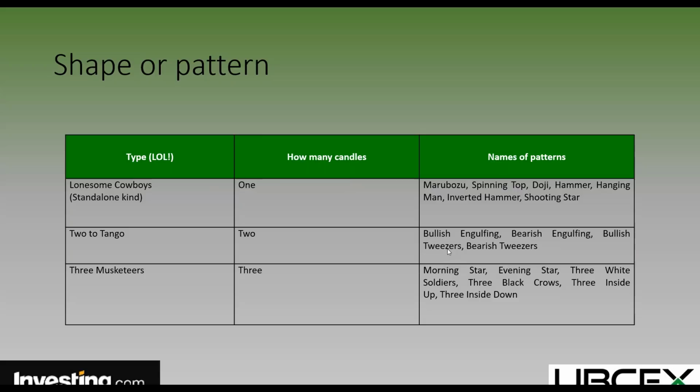Okay. Three inside up and three inside down are very easy to see. They're three consecutive candles in the same color, but there are a little bit more rules to them. Three white soldiers and three black crows are three candles in either direction. Now they were called white and black. Why? You remember my old candle story about candlesticks, the old days?